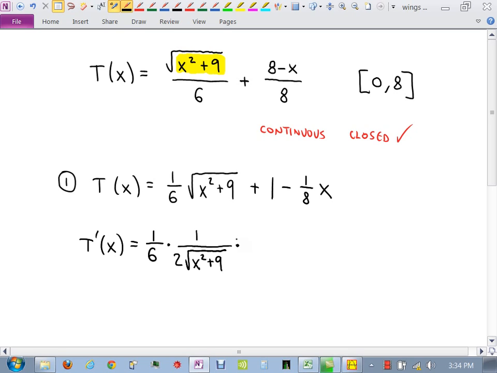So what's the derivative of what's inside the root? 2x. Are we done with that? Okay. Plus, what's the derivative of 1? 0. Minus, what's the derivative of 1/8 x? 1/8.